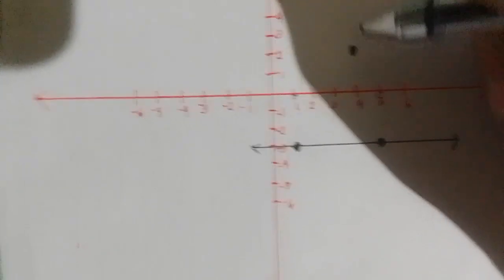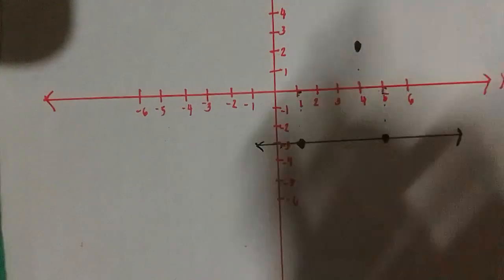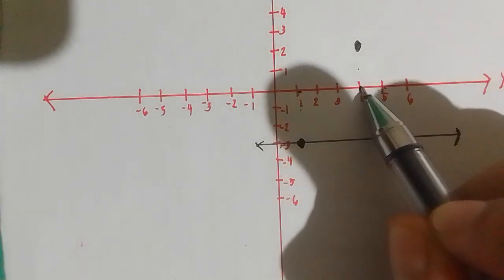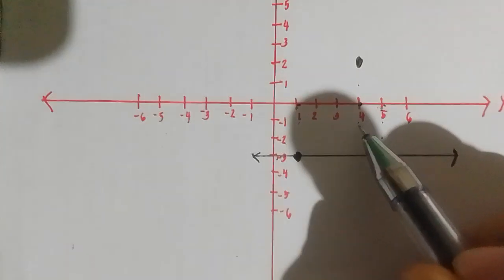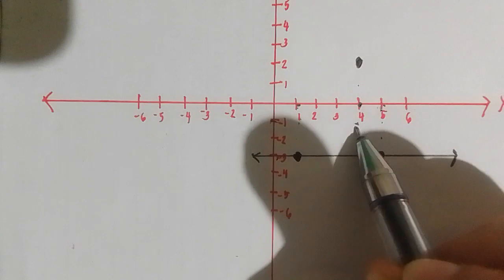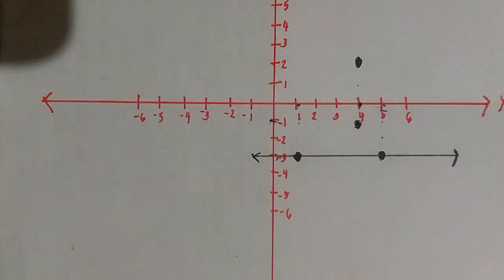Here is our first point. Second point, 4, negative 1. Here is our 4, and negative 1 nga y coordinate is nasa ubos. So, dira, negative 1. Tungod siya dapat tara kay negative 1. 4, negative 1. So, here is your second point. Okay, connect the 2 points.